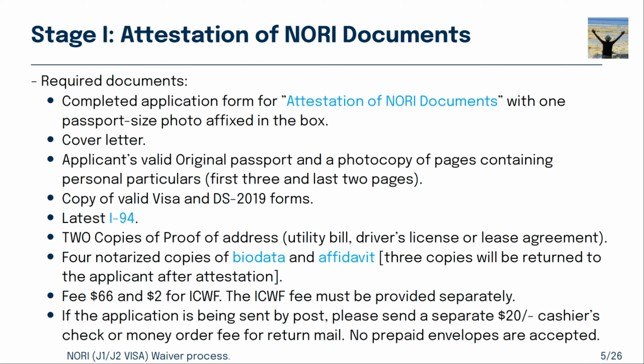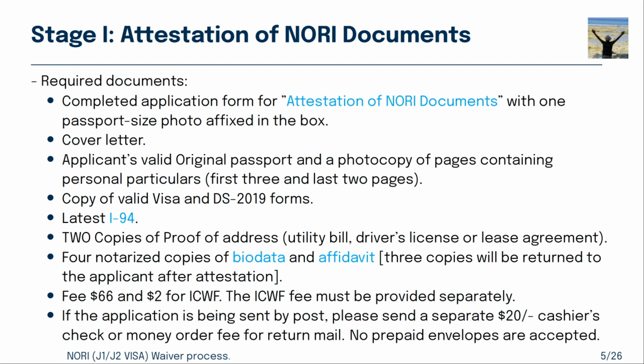Then two copies of proof of address. Since you are staying in the USA, you'll have to provide verification that you are staying in that particular state. One proof of address can be your credit card bill statement, and another can be a utility bill, driver license or lease agreement, whatever you have. Two copies of each are required. Then four notarized copies of biodata and affidavit.